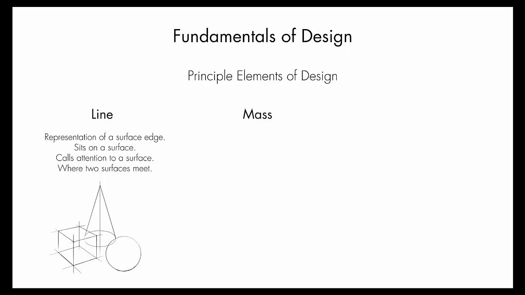Okay, and then we've got mass, and a mass is our silhouette, our shapes, and the local values of those shapes. Here's what that looks like. So taking our abstract idea of what these shapes might look like using just lines, we can develop what that mass might be on a 2D surface, on a 2D plane.